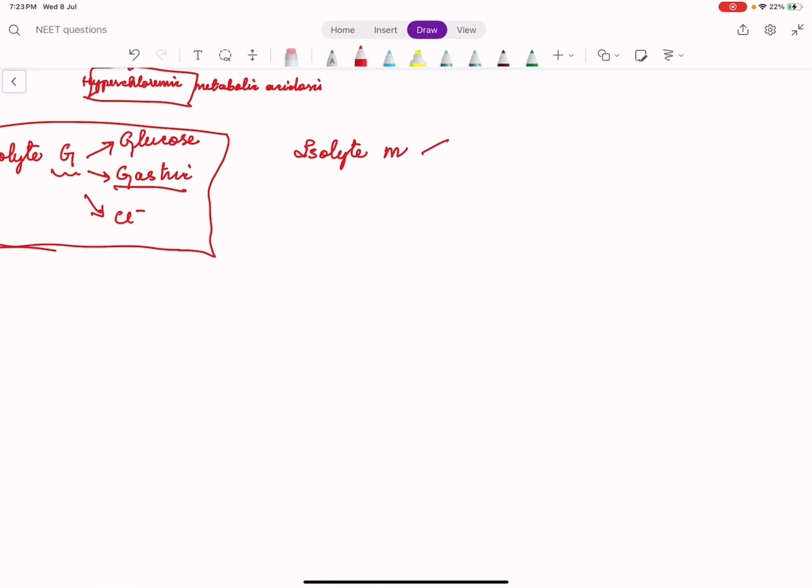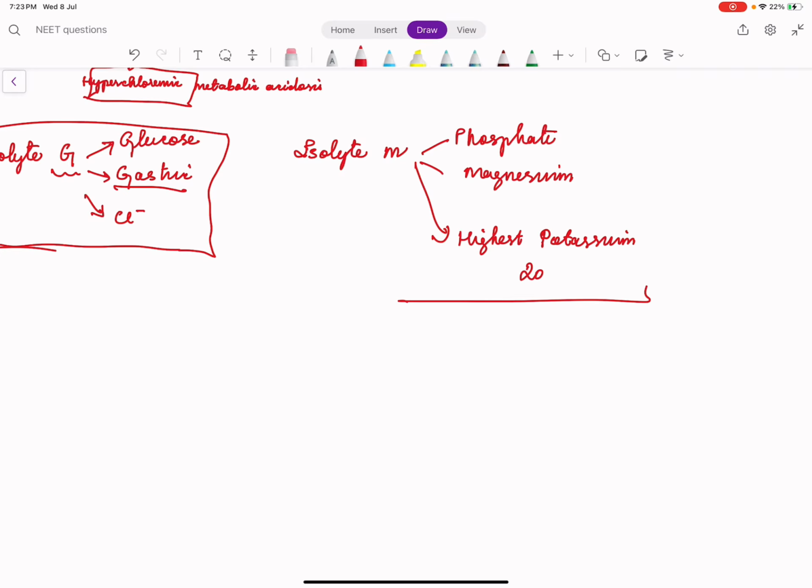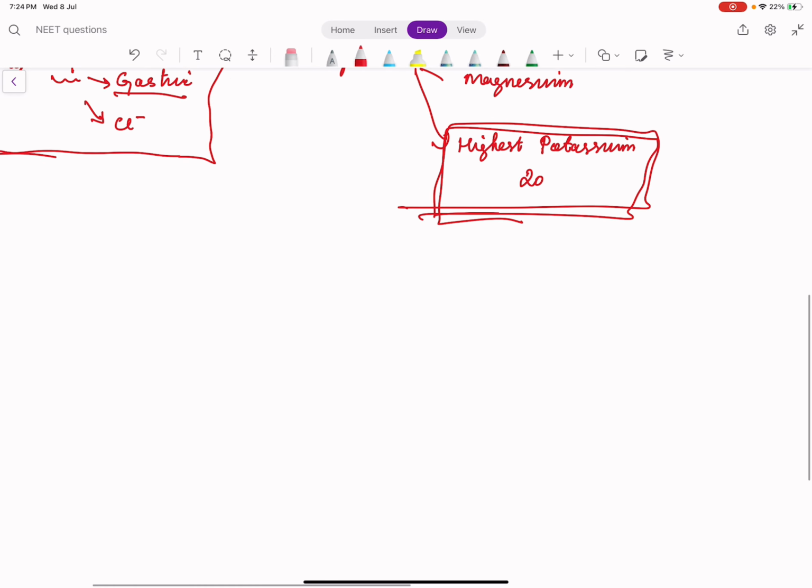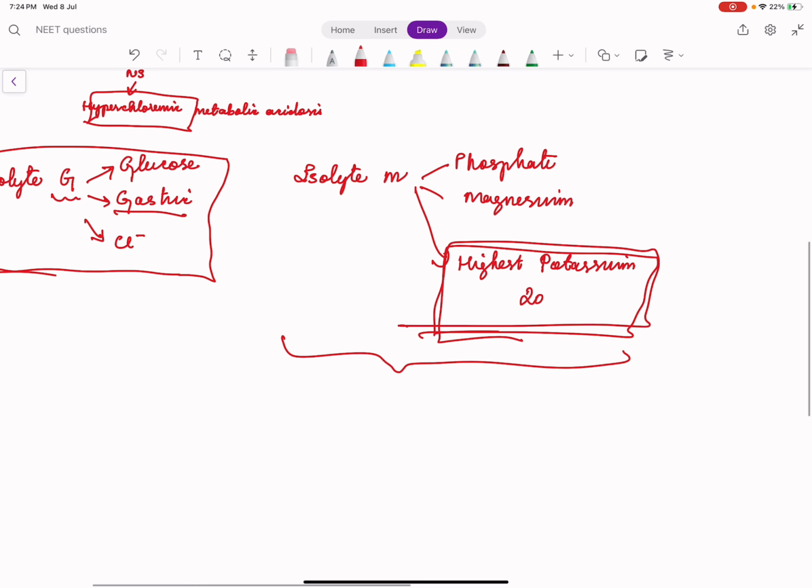Isolyte M is even more expansive because it also has phosphate, it also has magnesium, and it has the highest potassium content in any fluid, which is 20 milliequivalents.